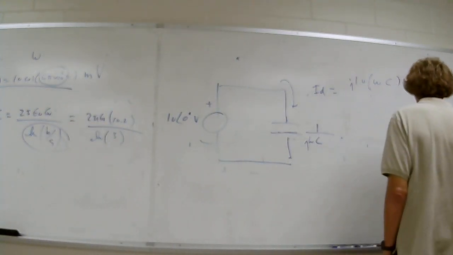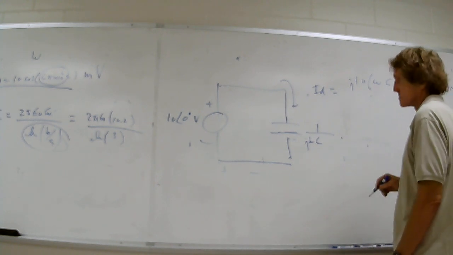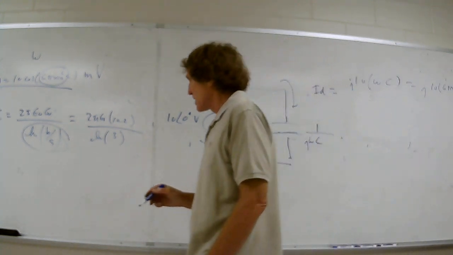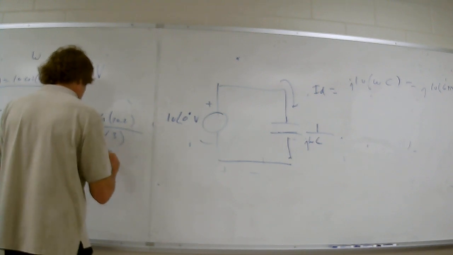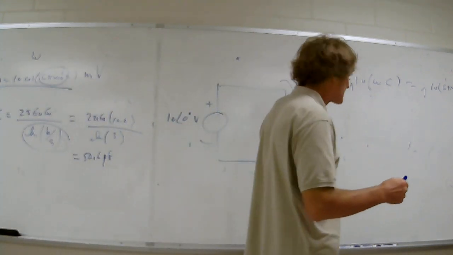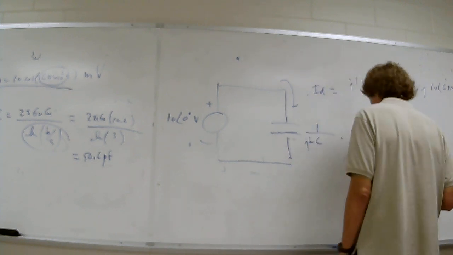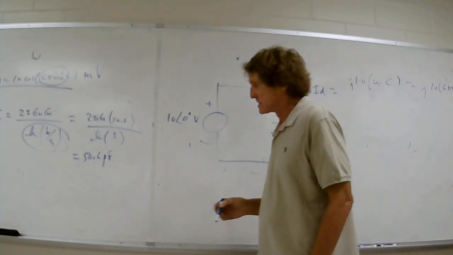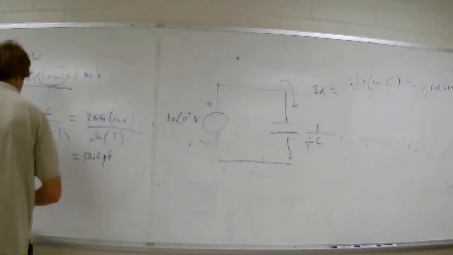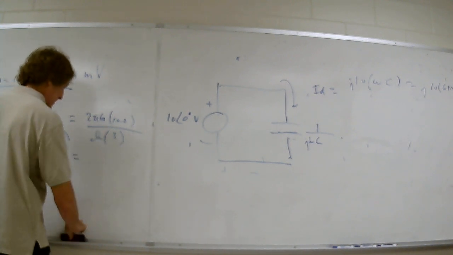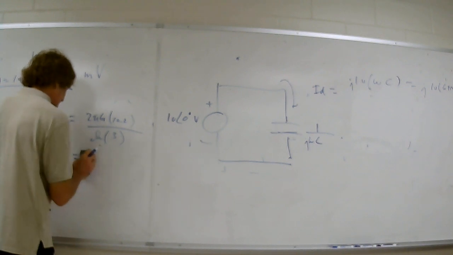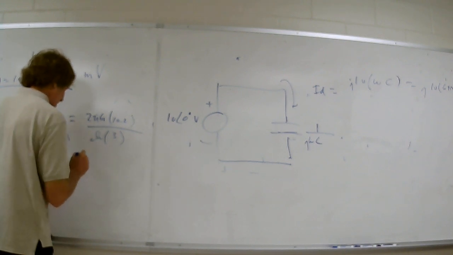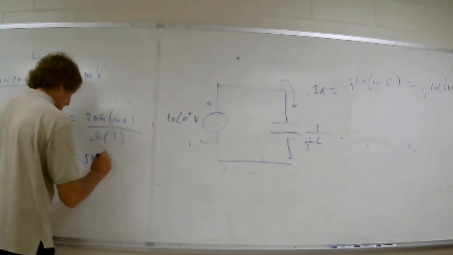I got 50.6 picofarads, which is small to say the least. Oh, but I forgot to multiply by epsilon relative. Take that times 10.2, so it's going to be about 516 picofarads.